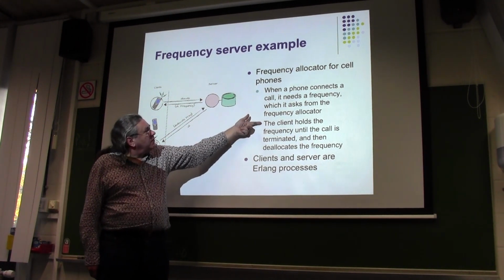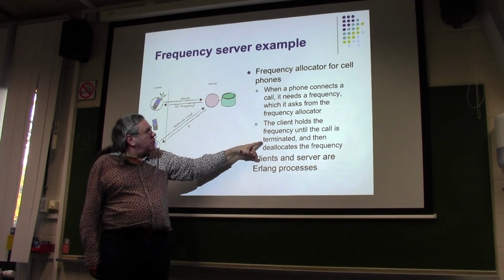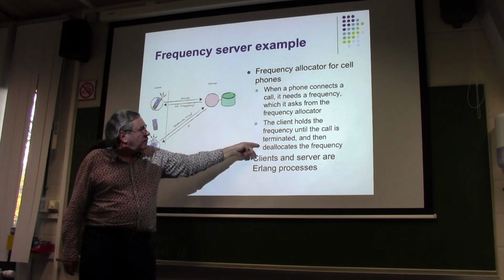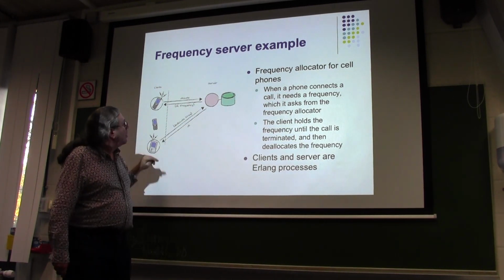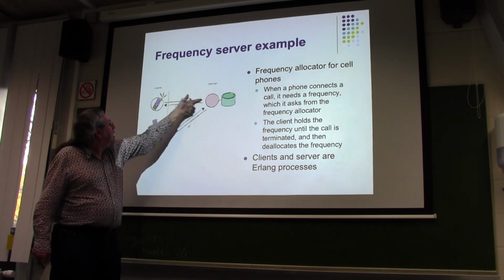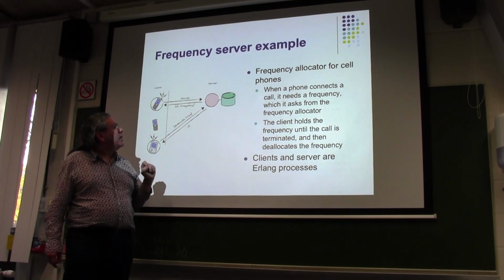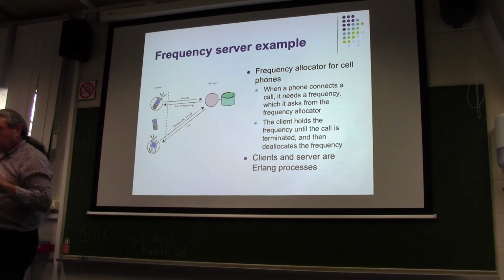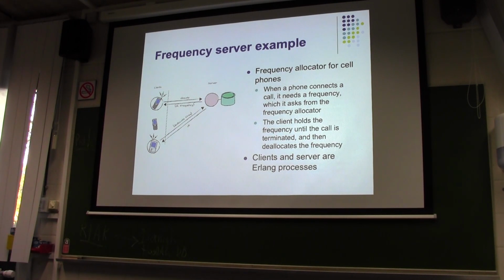The client, the phone, holds the frequency, and when the call is done, it deallocates. These are all Erlang processes. There's a simple data structure here, and you do allocate and deallocate calls. This is an example from telecom.